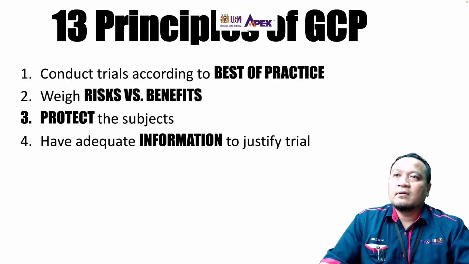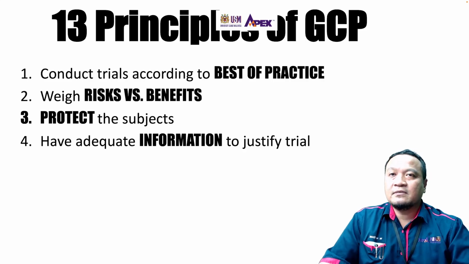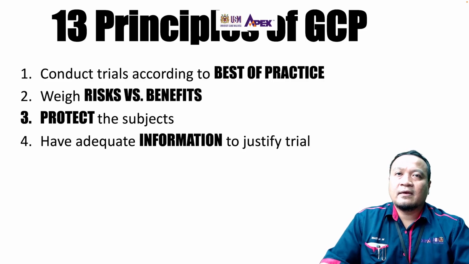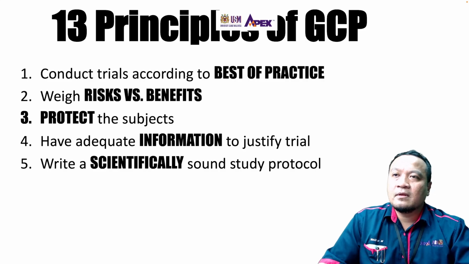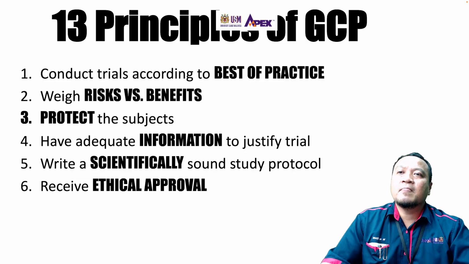Number 4, we must have adequate information to justify the trial. We must have enough important, relevant information, which is why we are conducting this trial. And we must write a scientifically sound study protocol, well written, to conduct the trial.